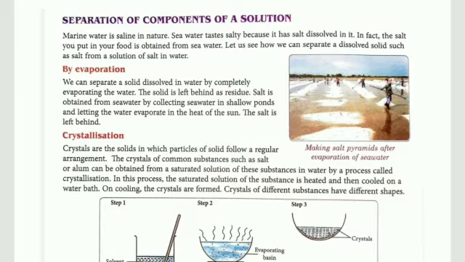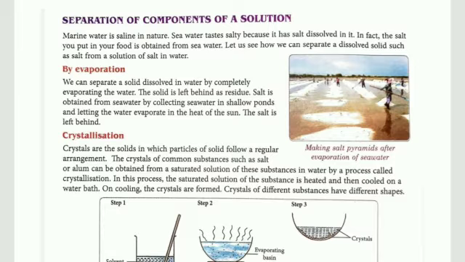Crystals are very beautiful to see. The crystals of common substances such as salt or alum, which also looks beautiful, can be obtained from a saturated solution of these substances in water by a process called crystallization.